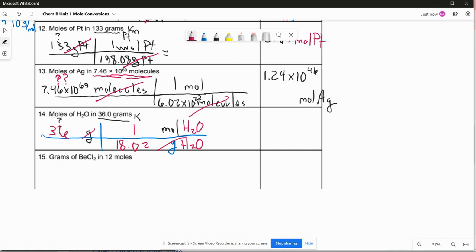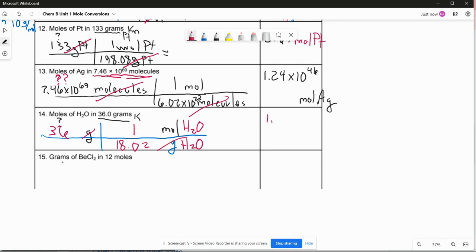36 grams of water. So to put this into our calculator, we're going to do 36. I almost write 63. 36 times 1 divided by 18.02, and we get 1.99. It actually is 1.997. A lot of you are going to round that up to 2.00.